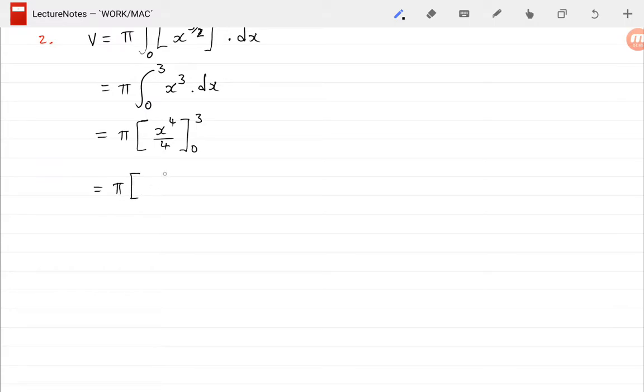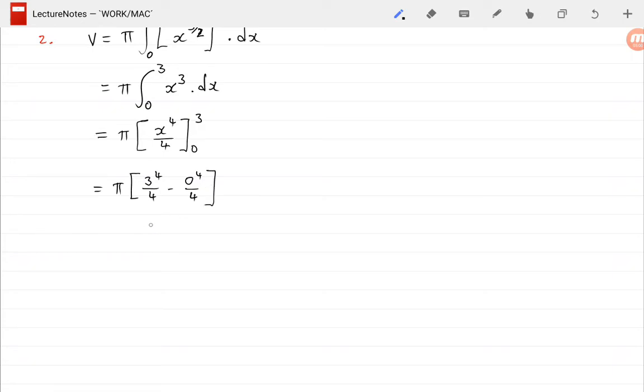Okay, and we're just going to expand on this bracket. That's going to be 3 to the power of 4 all over 4, minus 0 to the power of 4 all over 4.